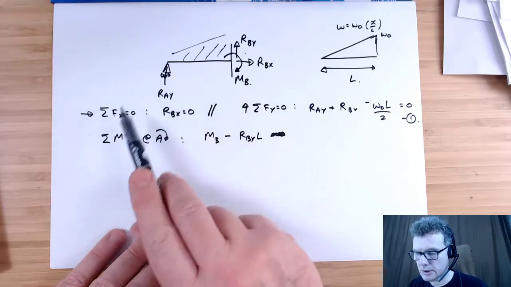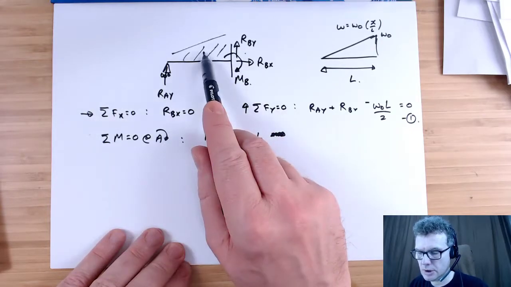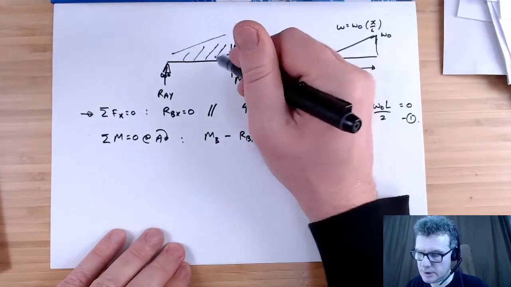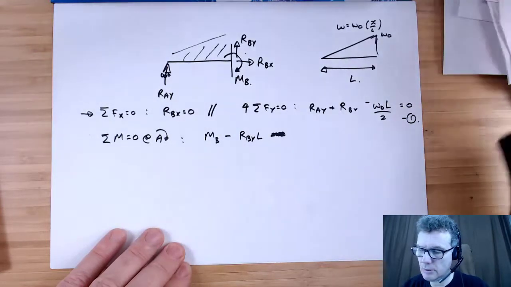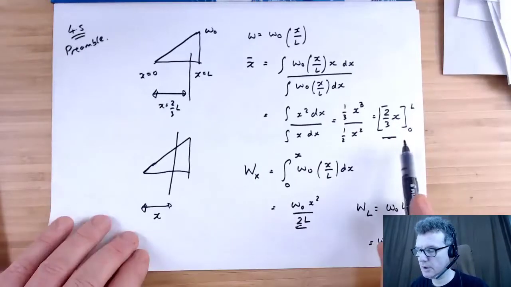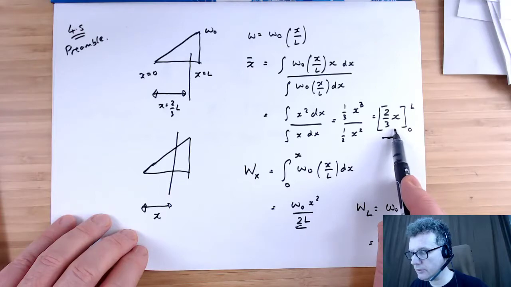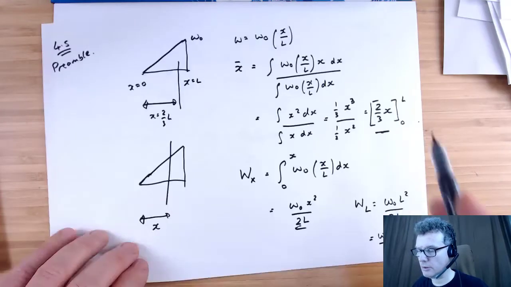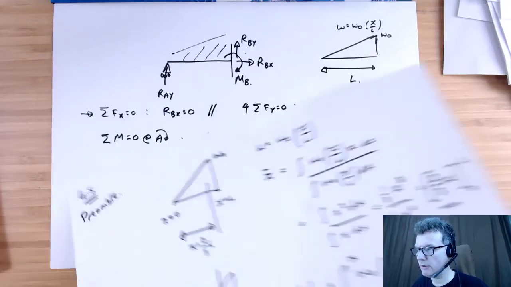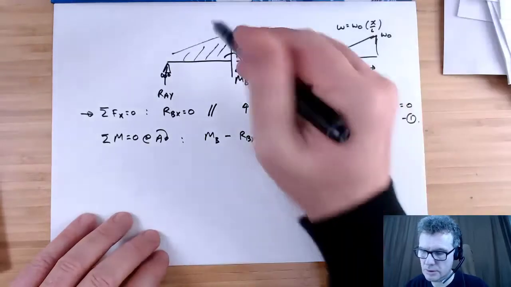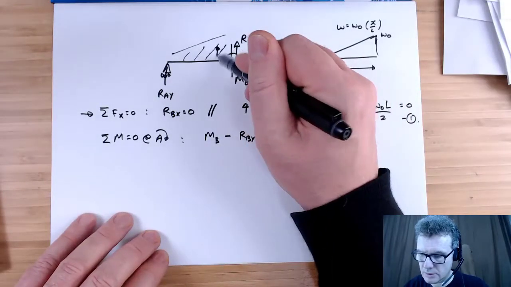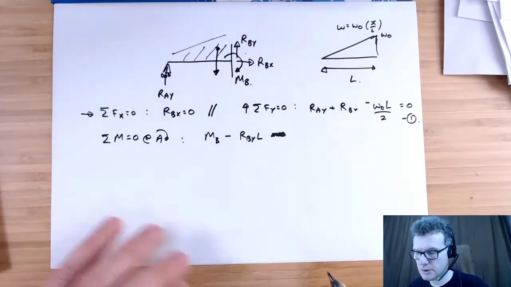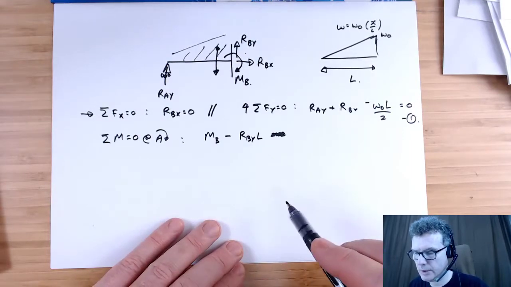So now let's look at the distributed load. Again, remember our preamble. The centroid of the weight is 2/3 L away from the base. So we've got the distributed load acting there.